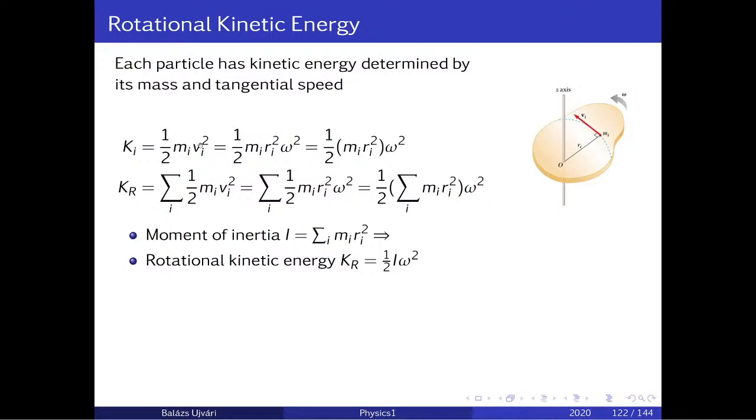Let's change the vi to ri omega and take the square, and then just keep outside of the bracket the 1/2. Here we have angular velocity, which is a good physical quantity for rotation because it's true for all of the body, not depending on the r, nothing. This is just something we can measure, and the rest is the so-called moment of inertia.